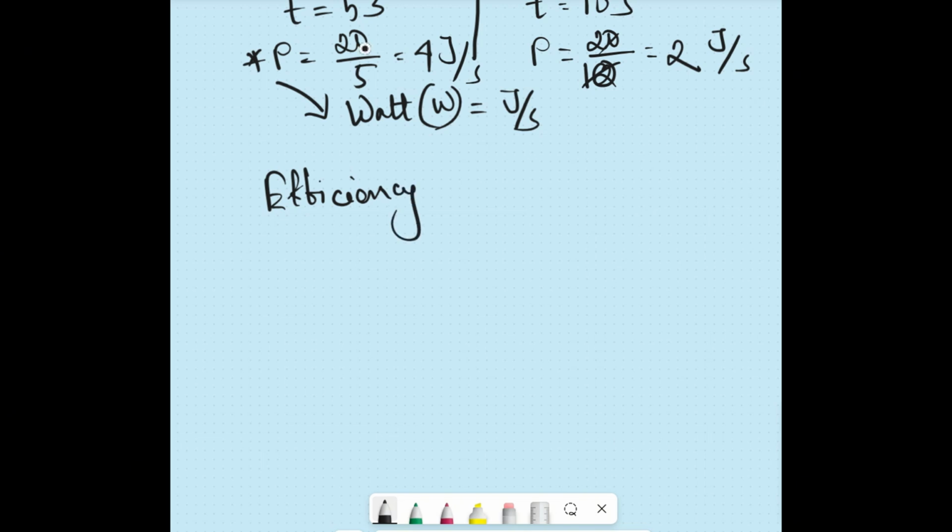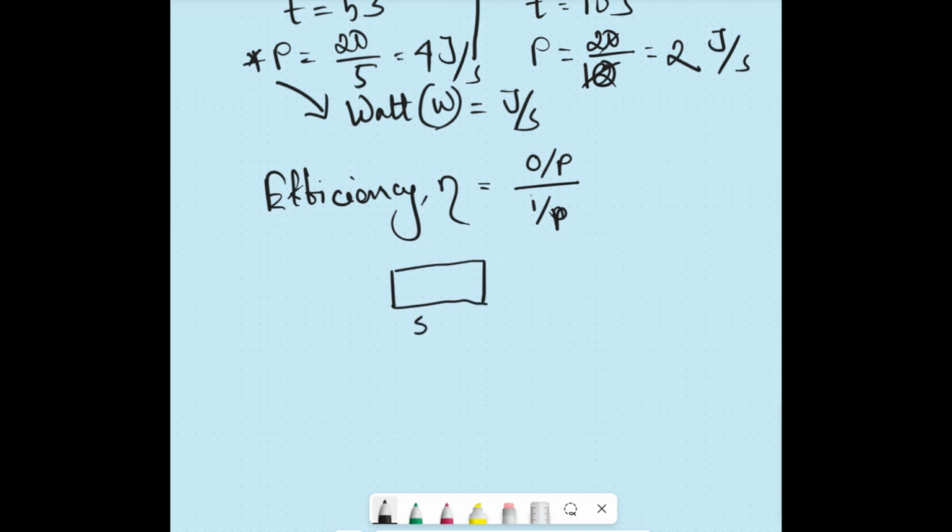So you have the energy and you have the power, but how effectively you solve a problem, that is actually called the efficiency. Efficiency is denoted by eta, which equals output power over input power. Let's give an example.